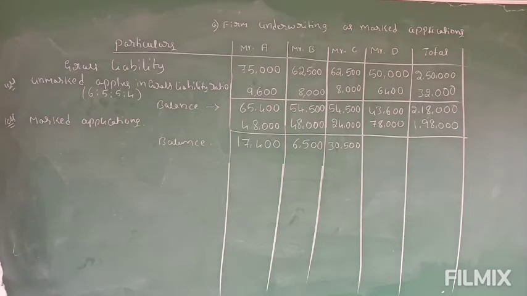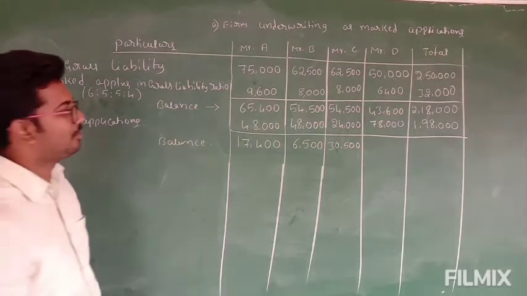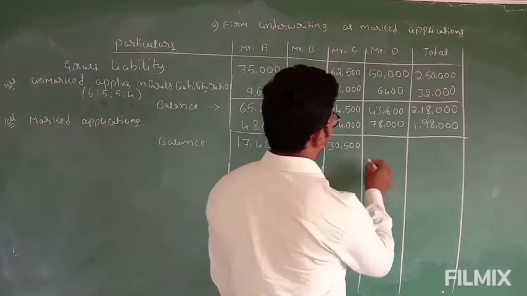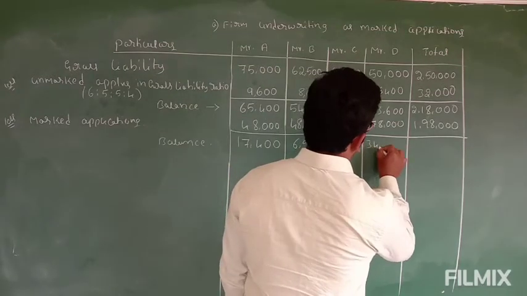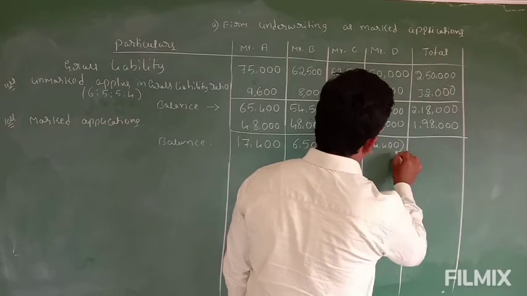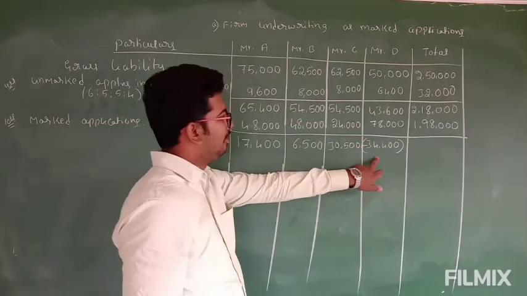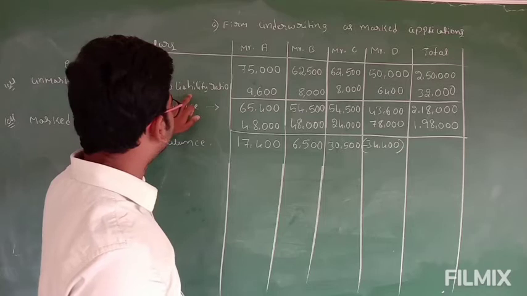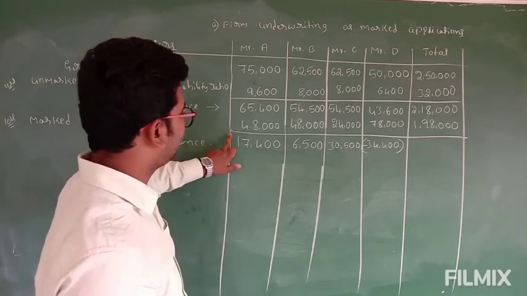And these 43,600 minus 78,000 will get minus 34,400. So this is what we call as surplus. We will get negative values, relative value or MAD applications.